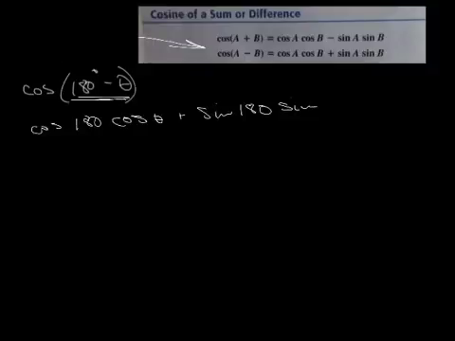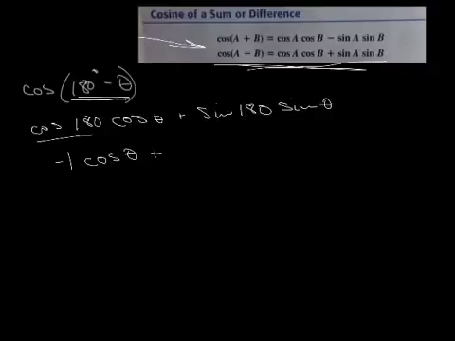So we're going to look at the cosine of a sum or difference, and we're just going to rewrite this as the cosine of 180 times the cosine of theta plus the sine of 180 times the sine of theta. So we took this one right here and wrote that. I know the cosine of 180 is negative 1, and I don't know what theta is, so I just have to leave that.